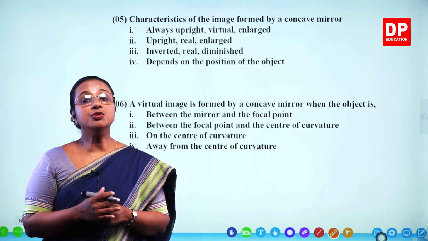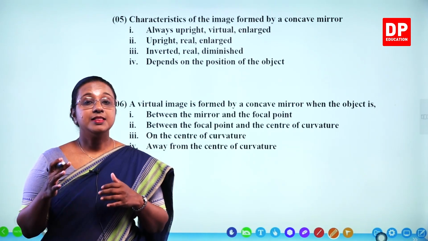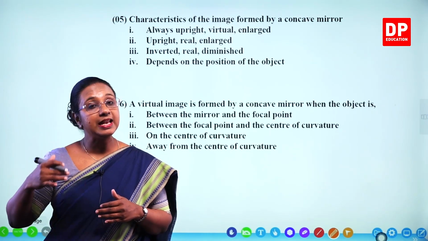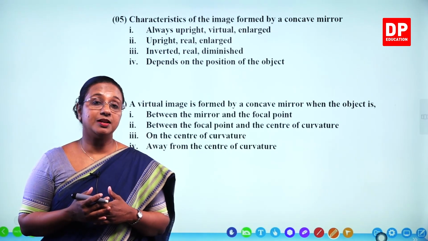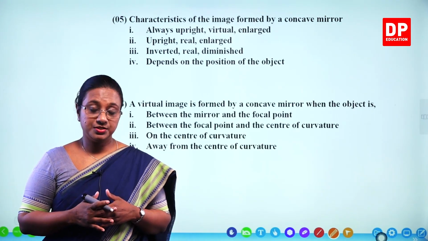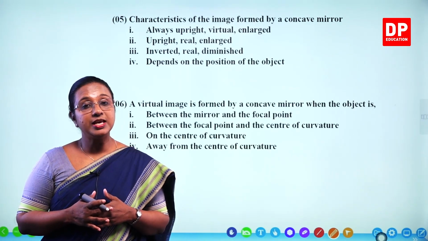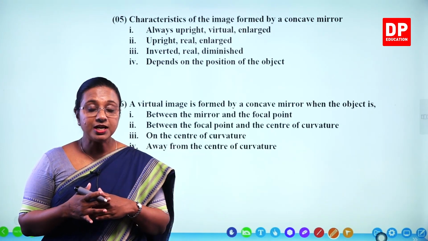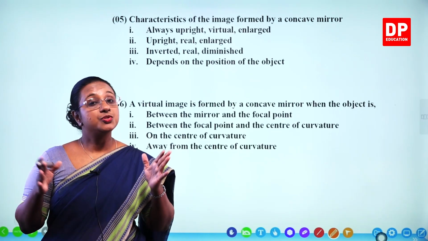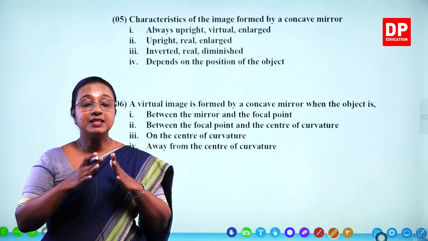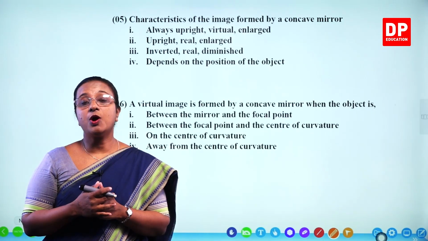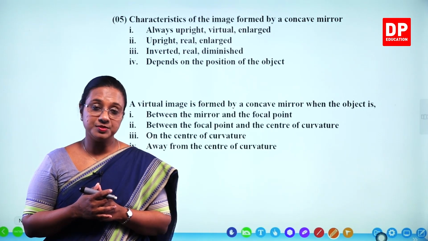You bring it to C. There, the image will be the same size, again inverted and real. You take it away from C. What happens to the image? It will be inverted, real and diminished. So you can understand the nature of the image changes depending on the position of the object.